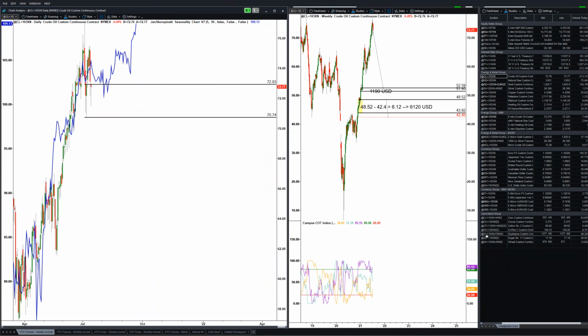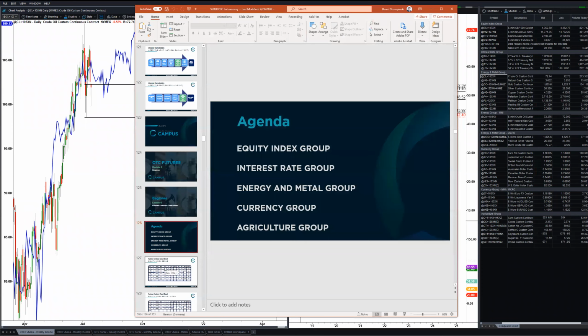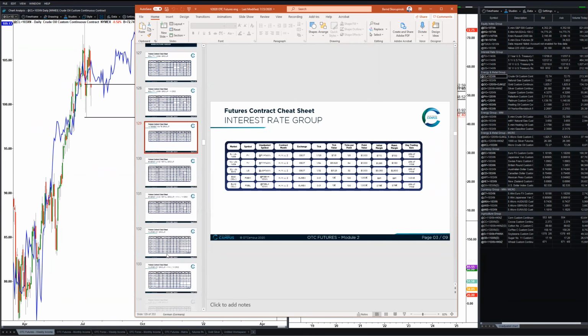Now here we have already everything except soybean oil and soybean meal and the meats, right? So where do we get these from? The unadjusted. We get this on the cheat sheet. Some of these we have, right?